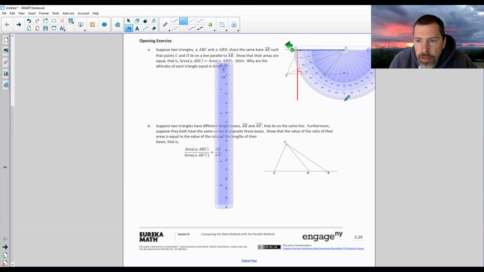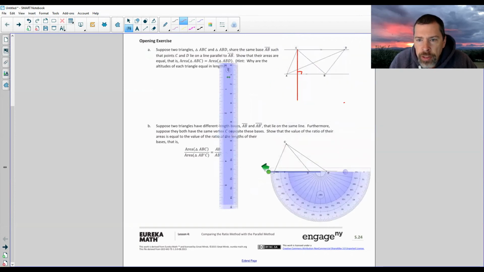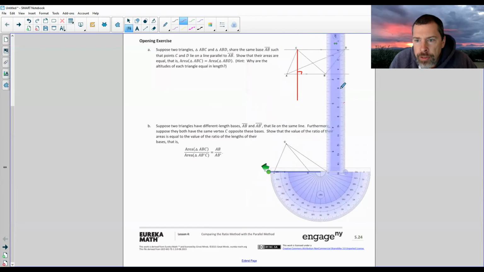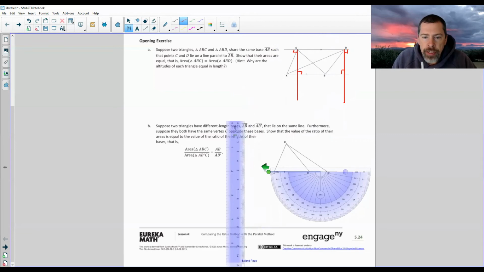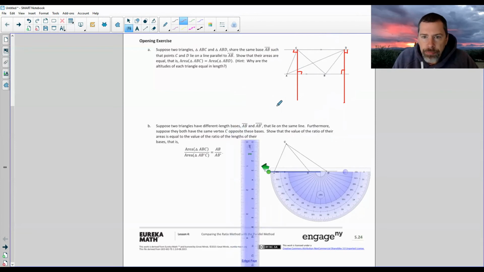I'm going to mark the 90 degrees down here, move my protractor, bring my ruler over, align it with D and that point. And this is a perpendicular line to CD as well. And therefore, since AB is parallel to CD, what we have here are 90-degree angles, because they're perpendicular to two parallel lines.